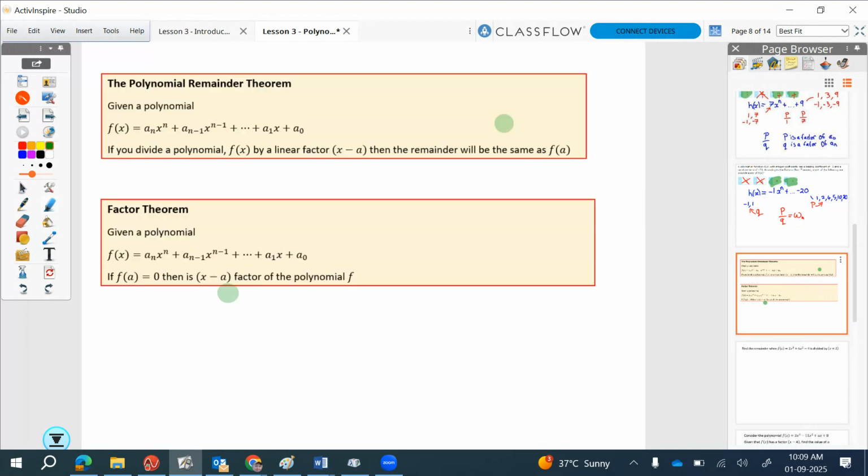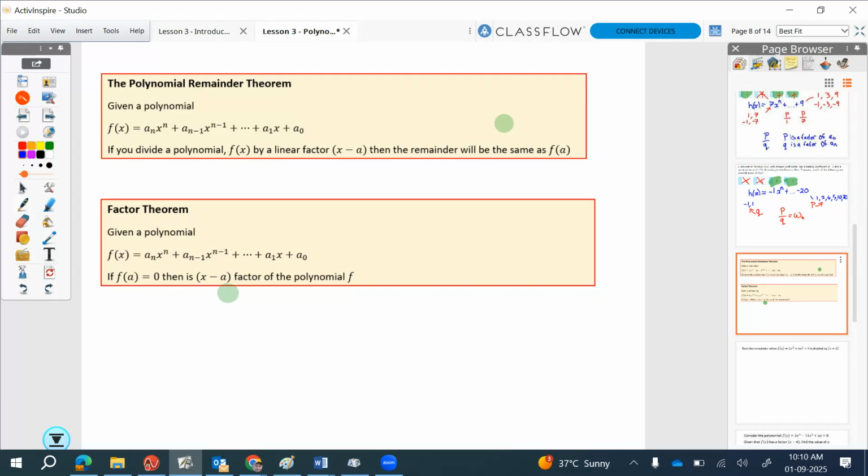So it's saying if the remainder is 0, if f of a is equal to 0, then it is a factor. It means we can factor it out. Let me explain this one a little bit more.